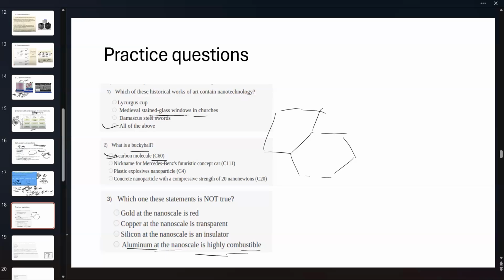Next, we have copper. Copper doesn't become transparent if you go down to nanoscale. And gold we already saw. So we have this.